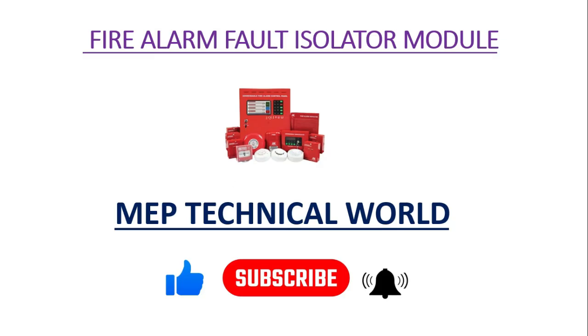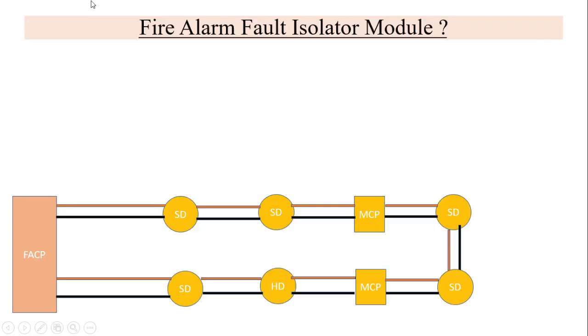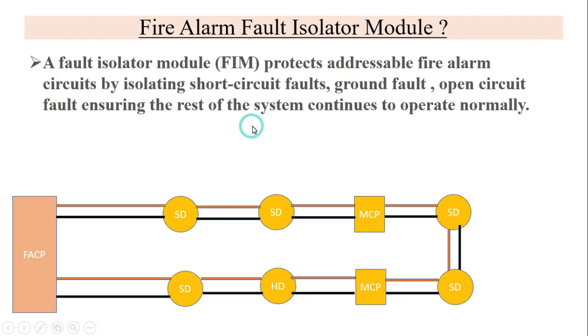In this video we'll learn about what is a fault isolator module in a fire alarm system. So let's get started. What is a fire alarm fault isolator module? As per the name, isolator means some circuit or some part is isolated, means disconnected.